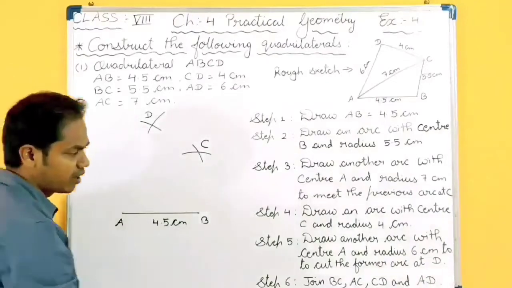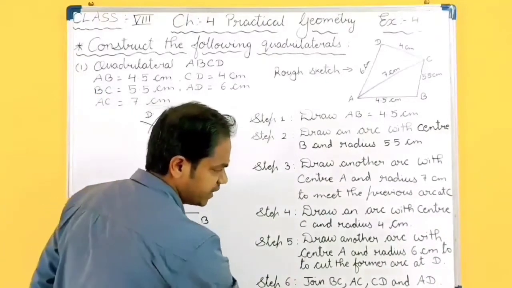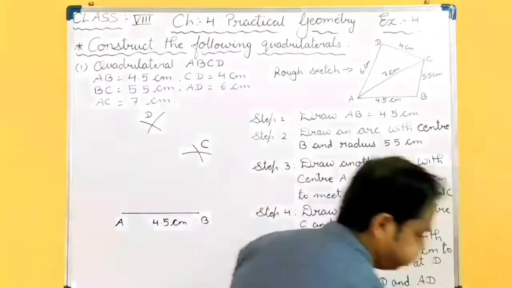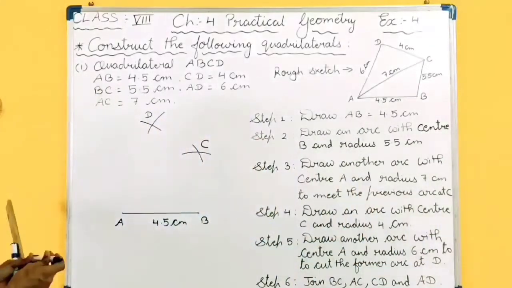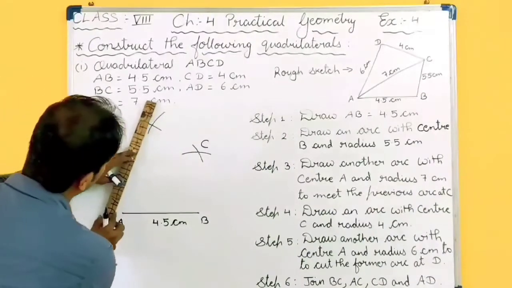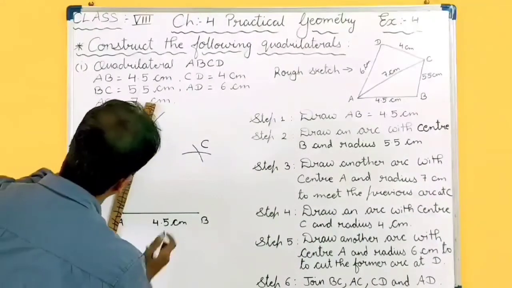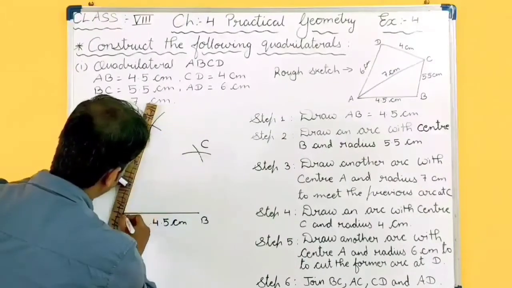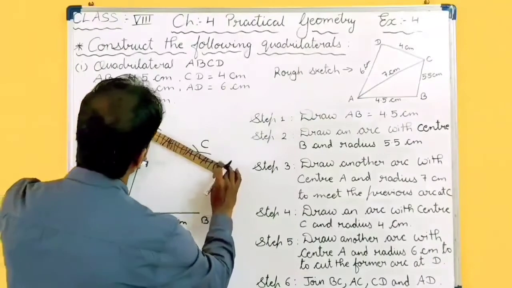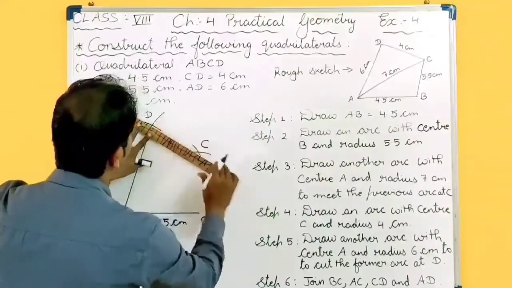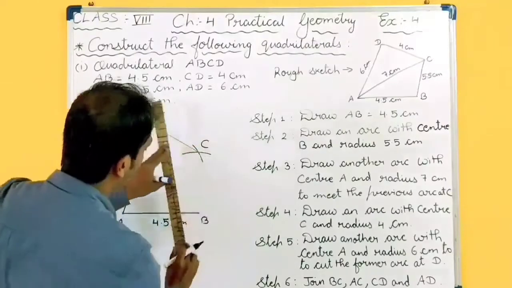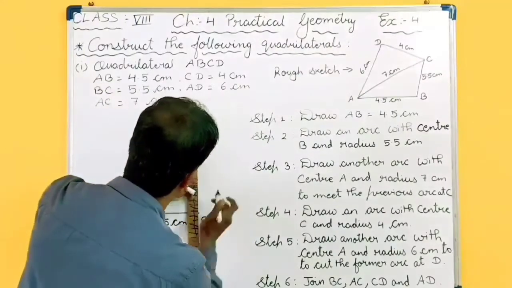Now we will join all the points. In last step, join BC, AC, CD and AD. So I will join all the points. First I will join this DA. Join this DC also. Okay, match point to point and draw straight line.